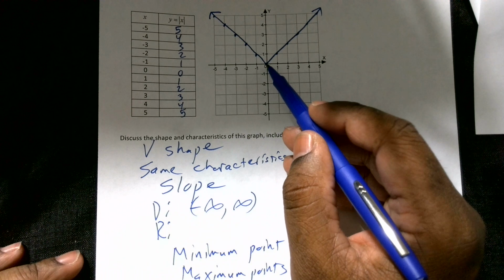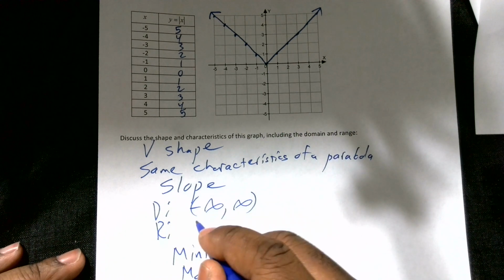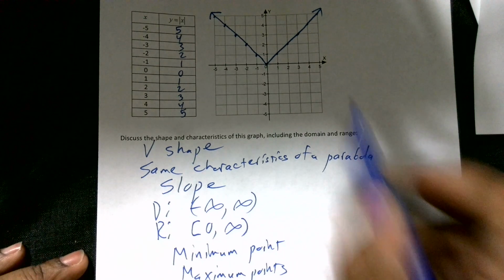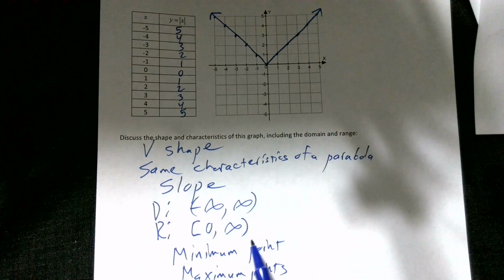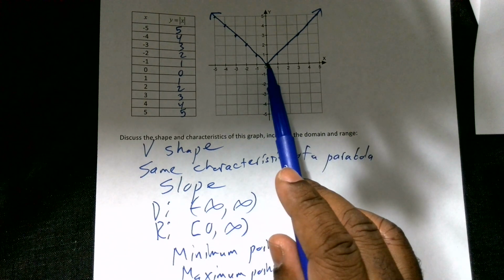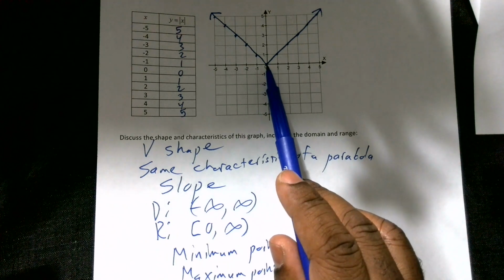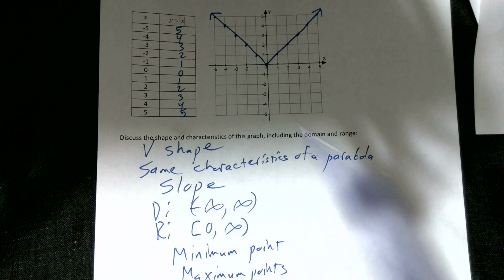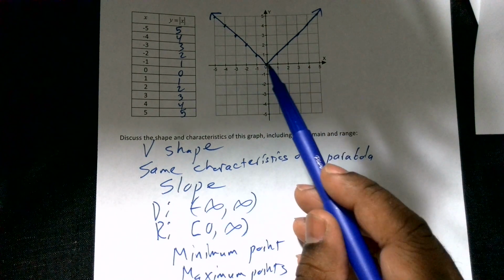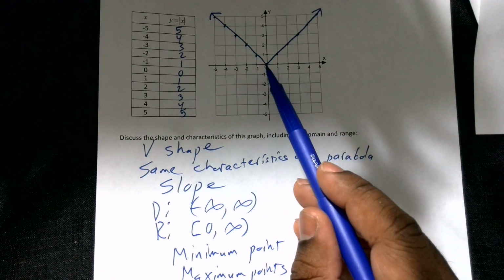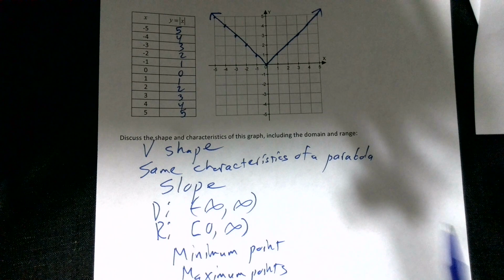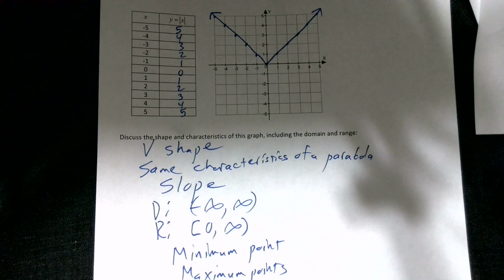One thing is we need to know for this problem the range would be 0 to infinity. So the range basically goes like this. If you have a minimum point, then it'll be that y value to infinity. If you have a maximum point, then it will be negative infinity to that y value, which we will cover in a few more problems here.